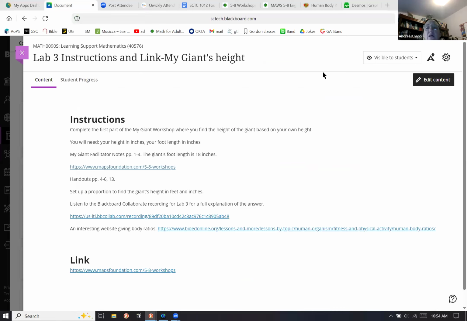So we have the information that the giant's foot length is 18 inches. Now we need to compare that to your foot length, and then we can set up a proportion with your height to figure out what the giant's height would be.